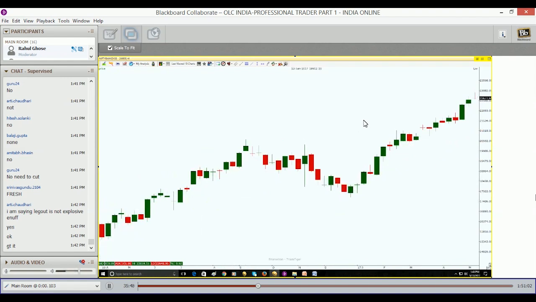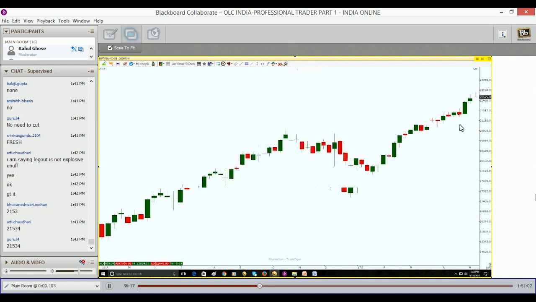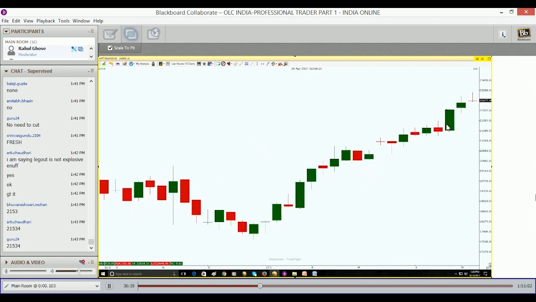I want to mark a zone on the Nifty weekly chart. Now where can you find a big move in price, guys? Where can you all find a big move in price? 21,534. Big move in price over here.